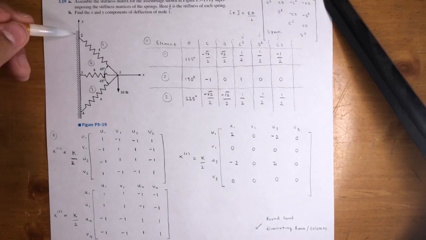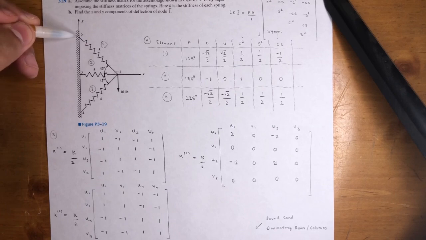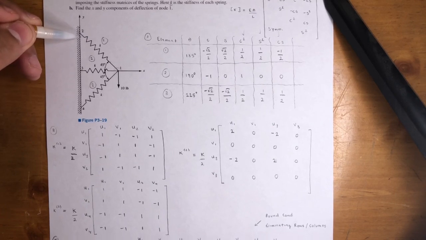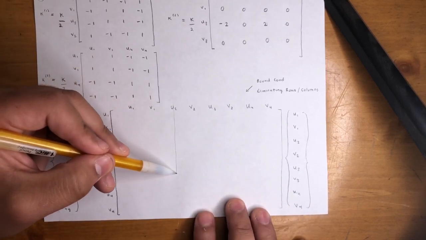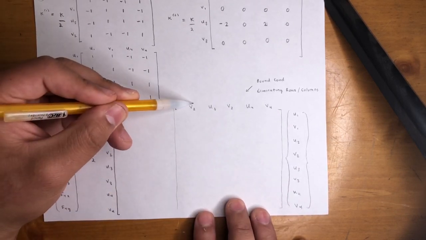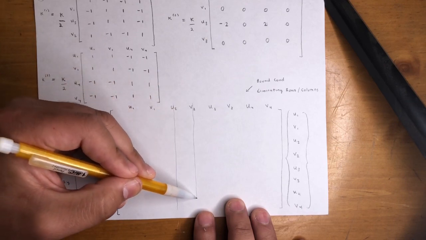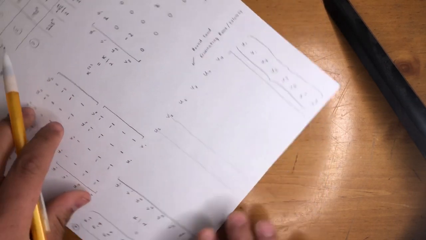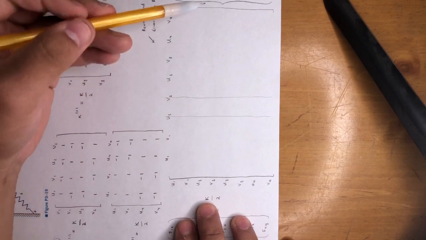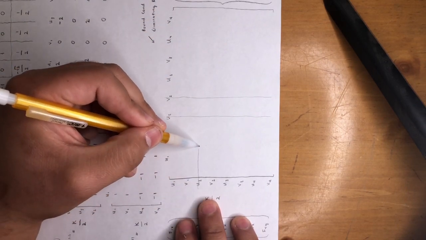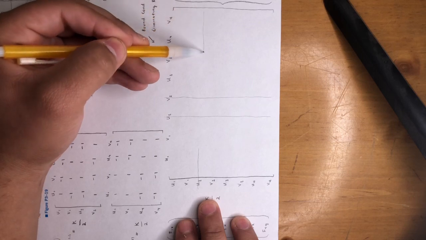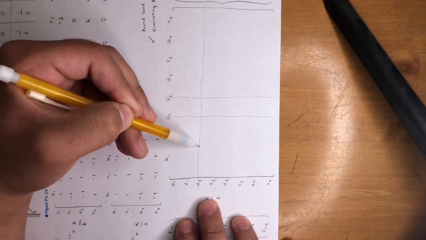So let's do it. The nodal displacements: U2 and V2 are fixed. They will be 0. So I'm going to cross this out, U2 and V2. I'll do the same thing diagonally. U2 is crossed out, right? Try to be as neat as you can so you won't get mixed up.